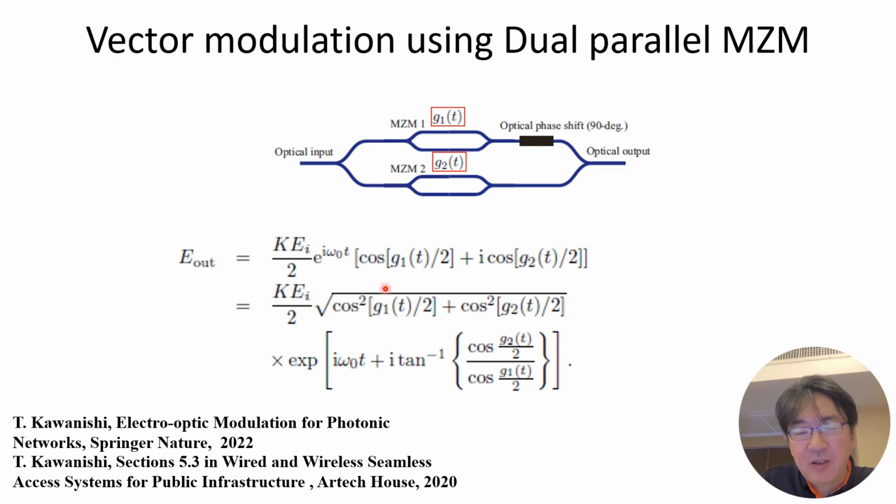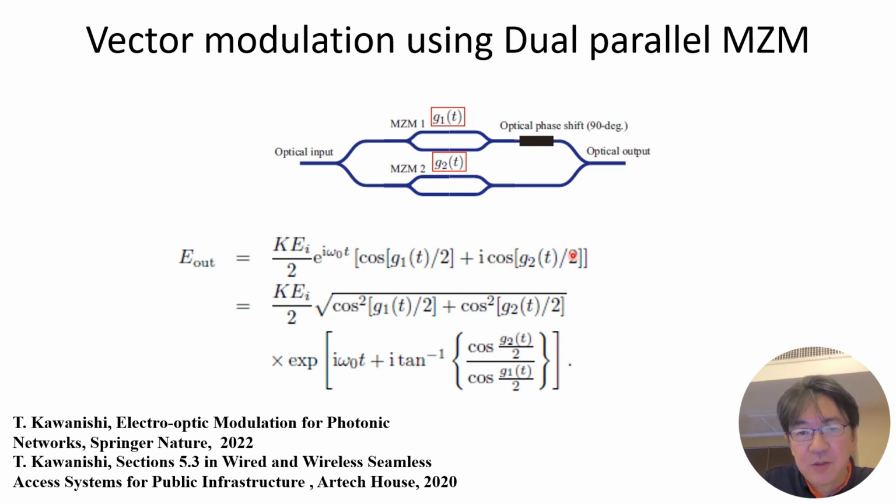And here's a mathematical expression for the vector modulation by using the dual parallel Mach-Zehnder modulator. Here is the cosine component. The amplitude of the cosine component will be described by the cosine factor, which is given in the part on the basic principle of the Mach-Zehnder modulator.